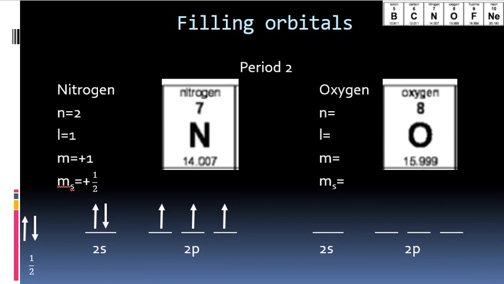For oxygen, we are going to be dealing with 6 valence electrons, so its outermost shell is going to look more like this. The first 2 of those 6 valence electrons are going to be used to fill the 2s orbital, and then the remaining 4 are going to be used to fill the subshells of the 2p orbitals.